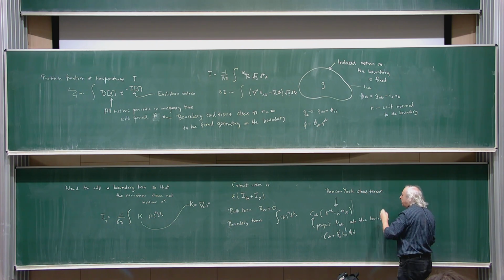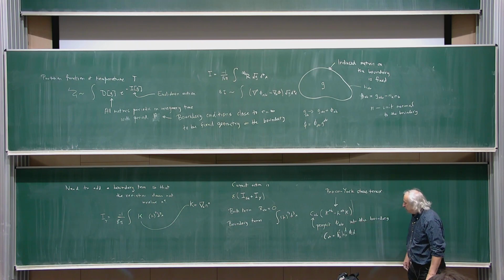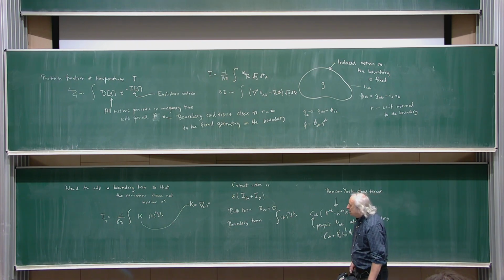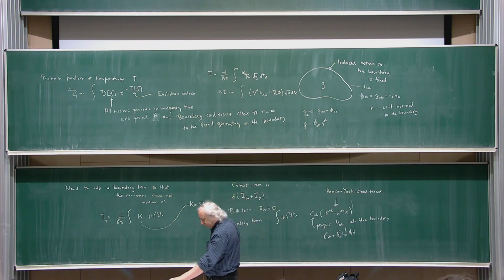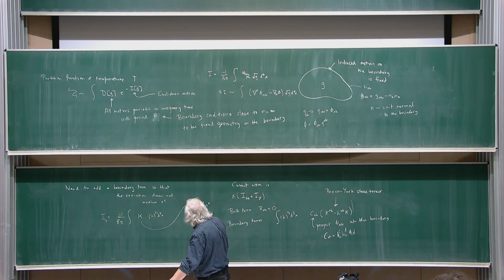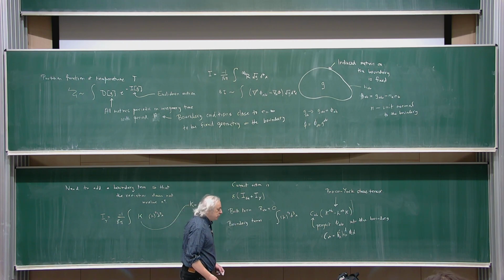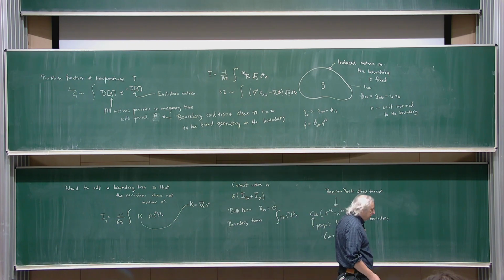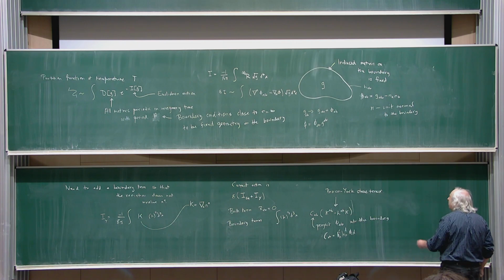So in some sense it represents a stress tensor on the boundary, to keep the boundary in shape. That unfortunately is not all, because you have to adjust the action to be 0 in flat spacetime.